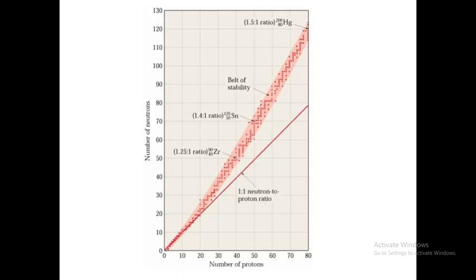Adding extra neutrons increases the space between the protons, and this decreases their repulsions. But if there are too many neutrons, the nucleus is again out of balance and decays.